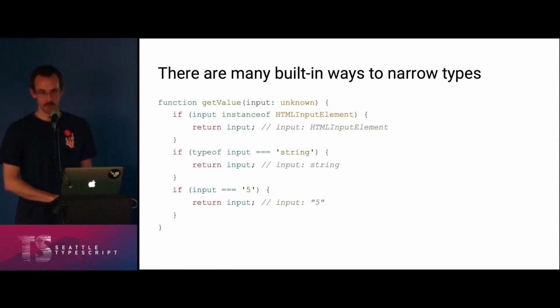We can say if the typeof input, this is another built-in, is string, TypeScript will narrow it down to a string. And if the input equals the string 5, TypeScript will narrow it down to the string 5. So these are all things where you don't have to worry about whether TypeScript's correct, because it has to occur at runtime. Like, if input is this string, it will make it into this if statement. TypeScript can follow that logic correctly.